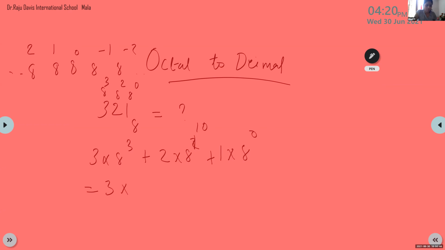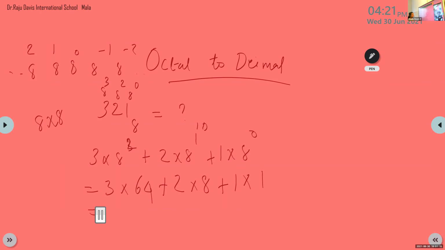What is 8 raised to 2? 8 into 8, it is 64. Plus 2 into 8 raised to 1, it is 8, plus 1 into what is 8 raised to 0? Any number raised to 0 is 1. So 8 raised to 0 is 1.